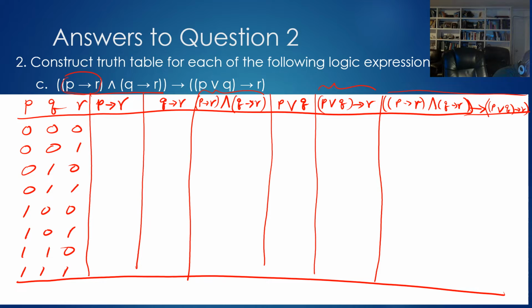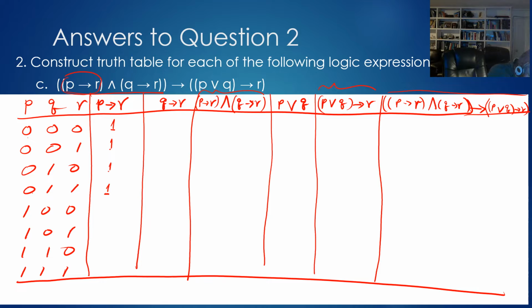So let's see, P implies R. We need to know the truth table for the implication, right? For the implication P implies R, if P is 0, then it doesn't matter what the value of R is. The result is always 1.